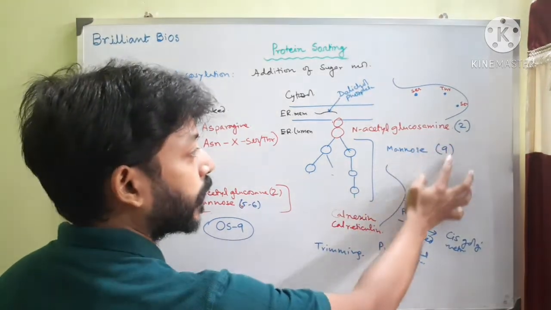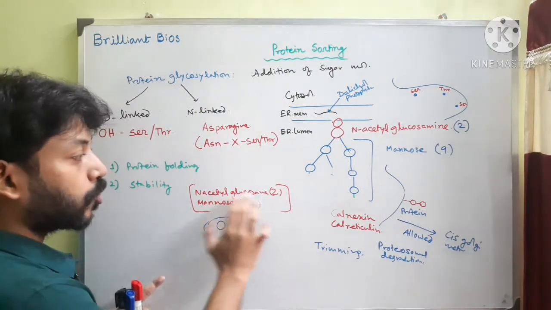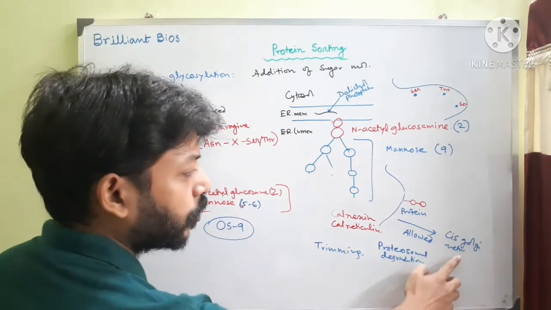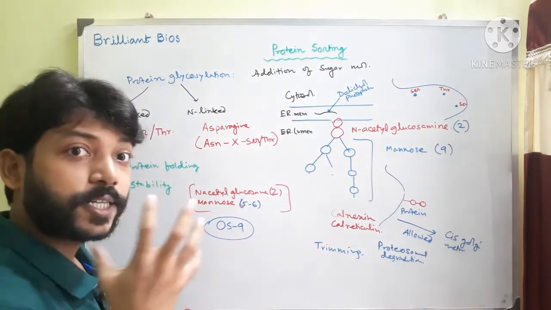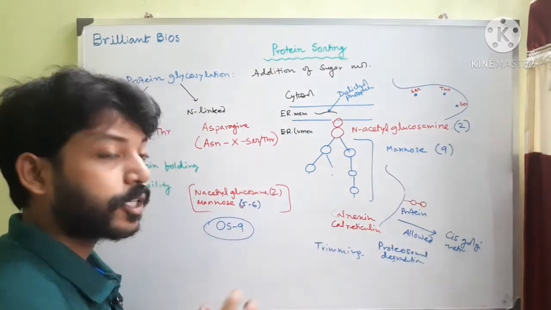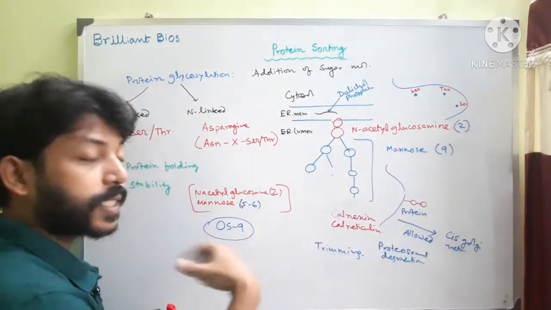There will be 2, 9 and 3 glucose. If there are 2 N-acetyl glucosamine and 8 mannose, they are allowed to go outside the endoplasmic reticulum to the cis-Golgi. If there is any problem in this folding, then calnexin and calreticulin attach to these sugar molecules, and then 1 glucose is added.